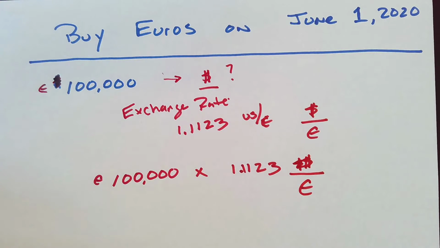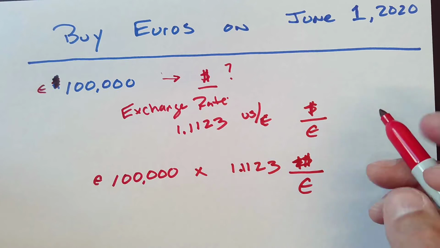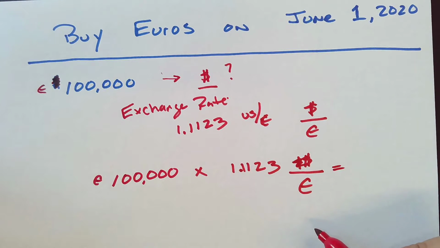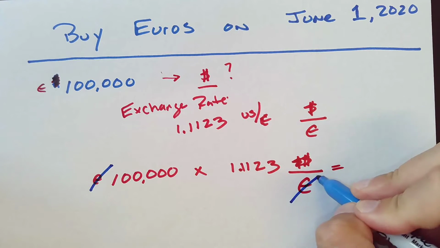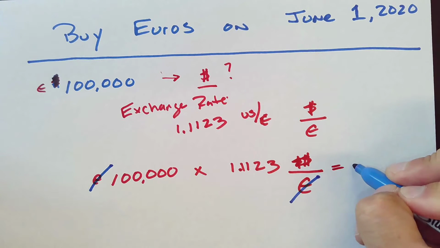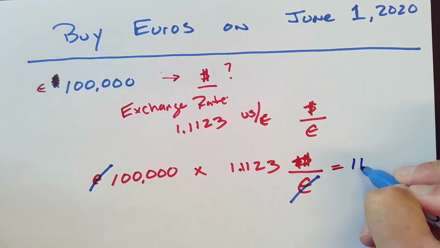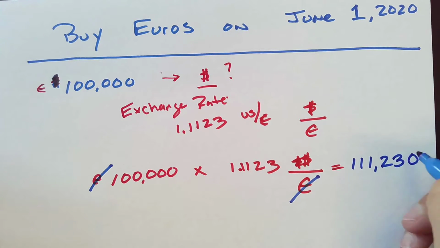If we think about what we're getting rid of here, when I execute this transaction, the euro designation cancels out, and this times 100,000 gives me my US dollar equivalency, or 111,230.